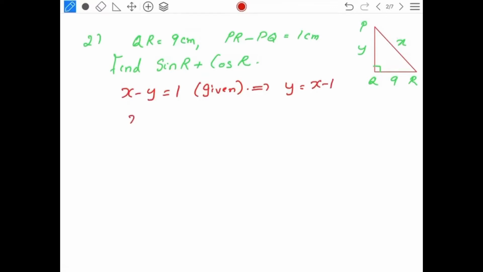Therefore x squared is equal to y squared plus 81, Pythagoras theorem.